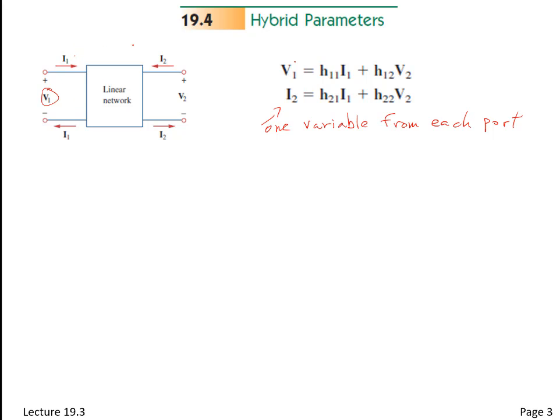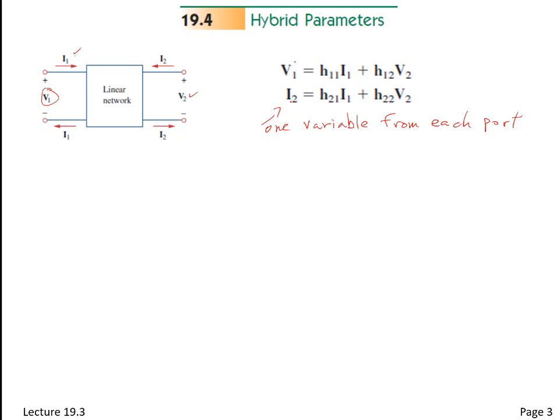I can pick two currents, but I already did that, right? That was the impedance parameters. So I only have the choice of this. So that's obviously one of them. And the only other choice is that one. So that's how we end up with I1 and I2. You have to have one from each port. And if the driving variable here is the V, then I have to choose I, right?